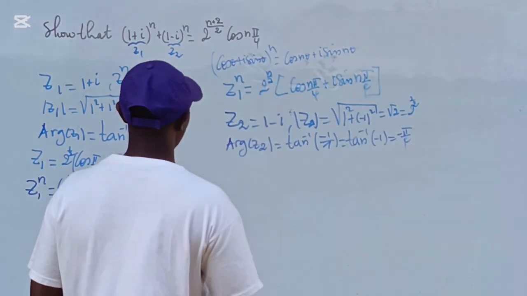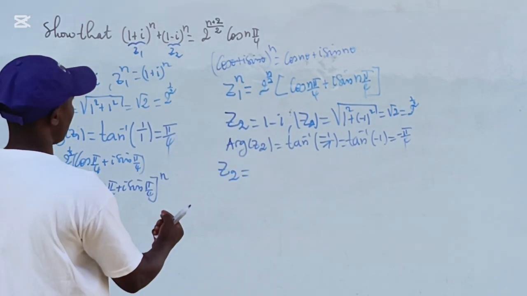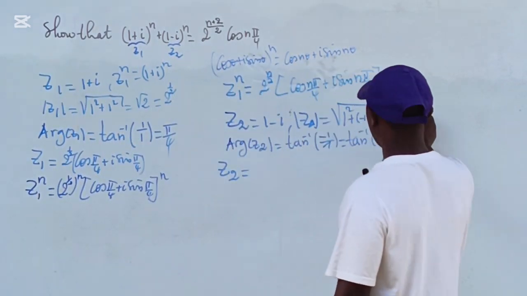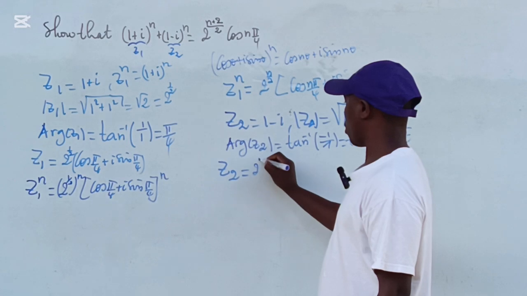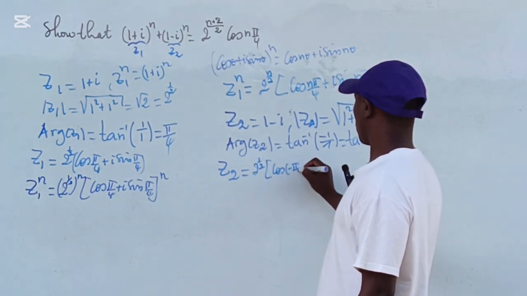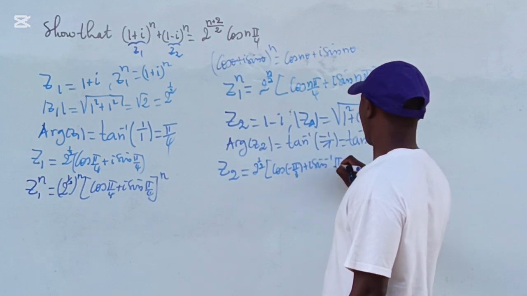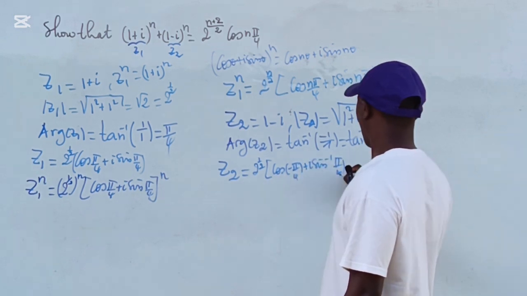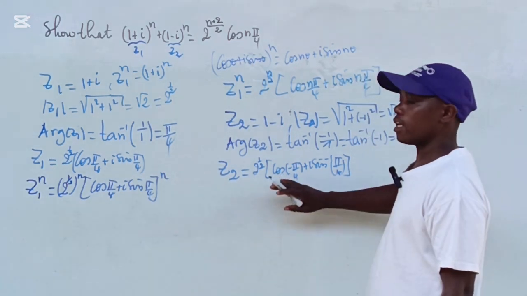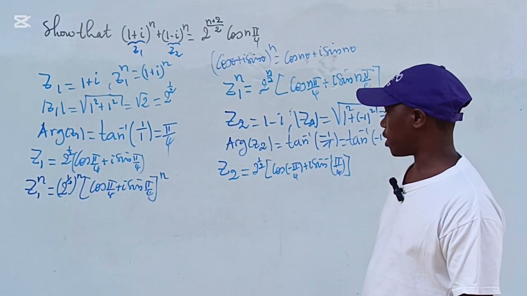So z2 is equal to the modulus, which is 2 power 1/2, into cosine of minus pi over 4 plus i times sine of minus pi over 4. And you know cosine is an even function while sine is an odd function.